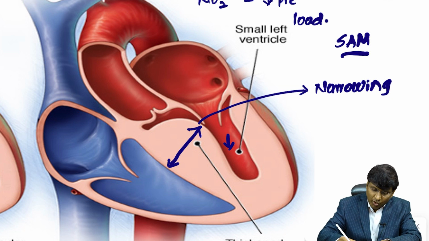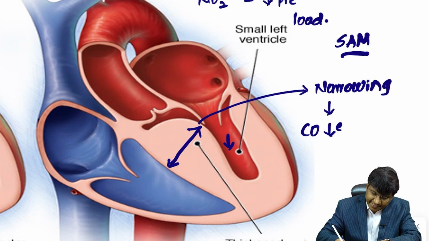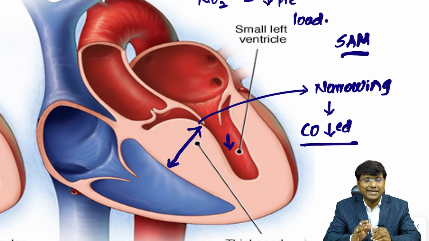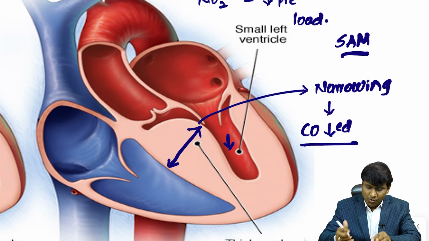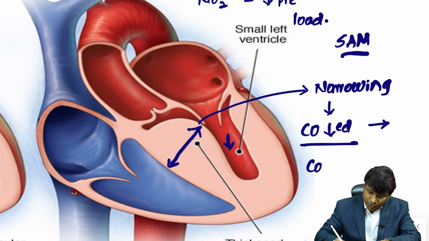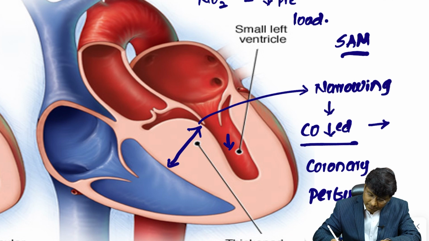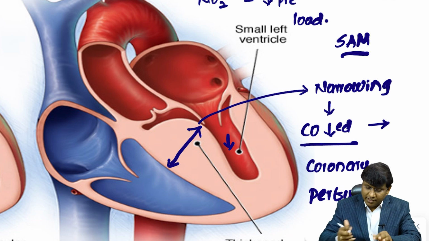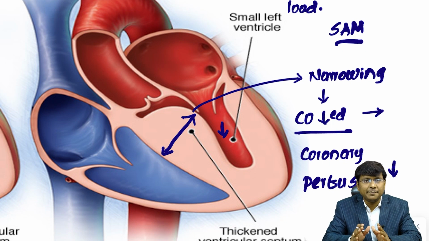So thereby, what will happen to the cardiac output? The cardiac output is decreased. Now, once the cardiac output is decreased, what will happen to the coronary perfusion? The coronary perfusion also decreases, right?